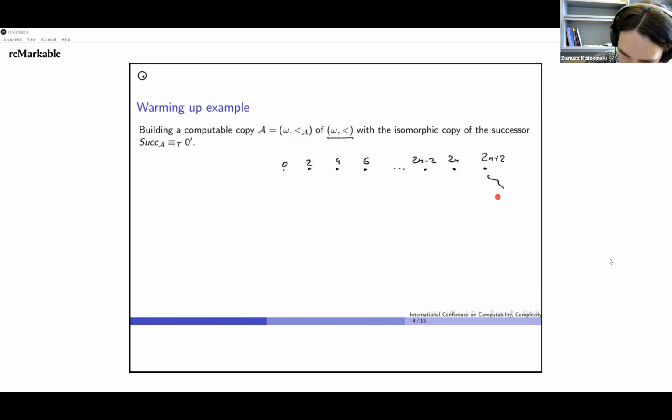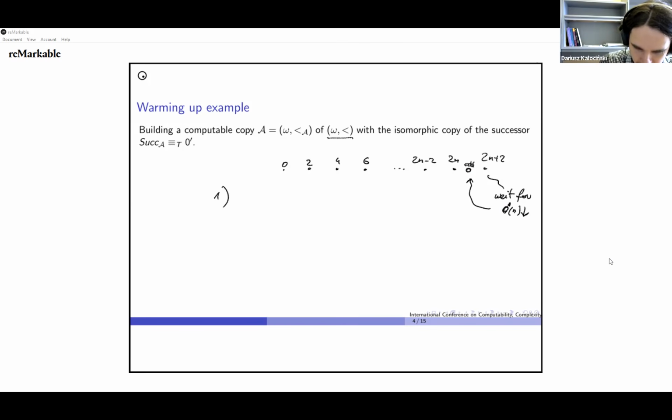And for each number 2n+2, we'll wait for 0 prime n to halt. And if that happens, we will insert a fresh, unused odd number here. Basically, this is the whole construction in a nutshell.